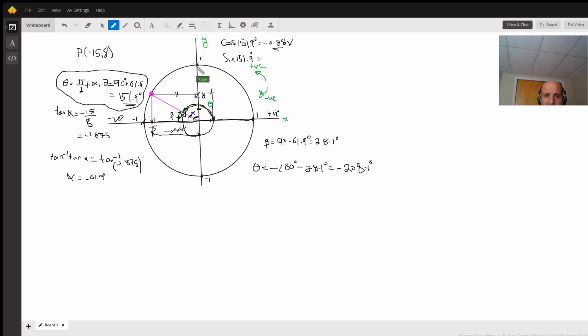And like we said, it has a value of 1, and it's a positive. Therefore, the sine of 151.9 degree is going to be this projection right here. Okay? So if that's a projection, then sine of 151.9 should be equal to 0.47 plus.